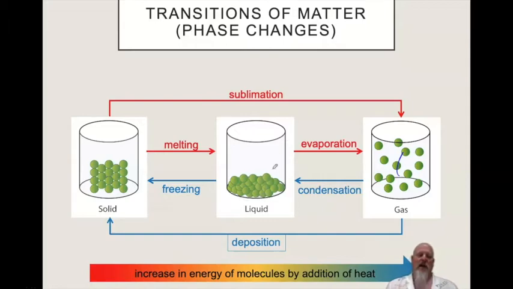All right? At that point, there's still this balance between attractive forces and the energies of the particles, or molecules, or atoms, or whatever you want to call them. Okay, so the atoms can still move around each other, or molecules can still move around each other, but they're really close together because the attractive forces and the energy of the molecules is pretty close together.